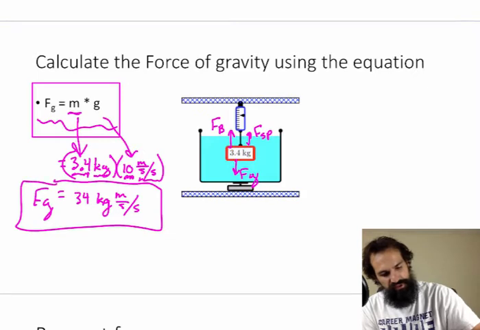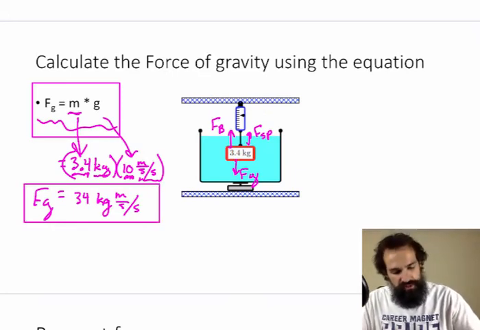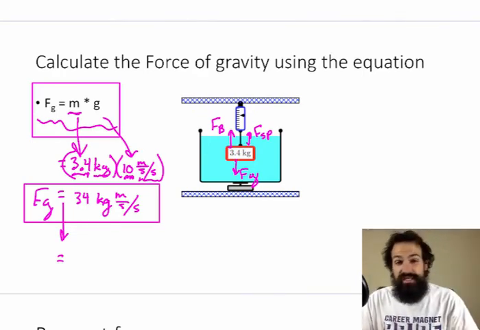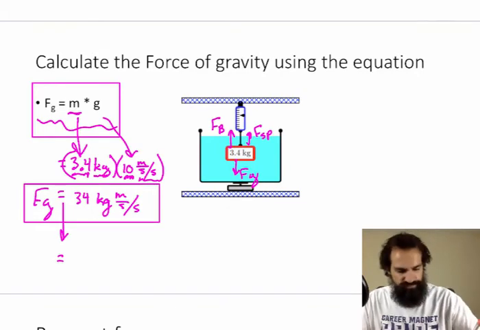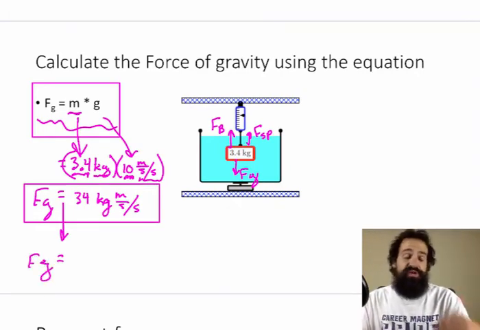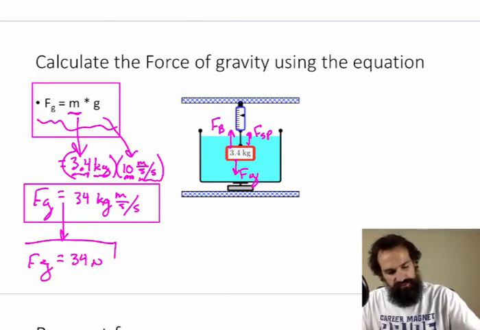This answer is completely 100% valid. You can leave your units exactly like that. Or you can get to the end and also realize, oh, wait a minute, it's a force and it's a kilogram meter per second per second. That's a newton. So the force of gravity of this object, the weight of this object, is 34 newtons.